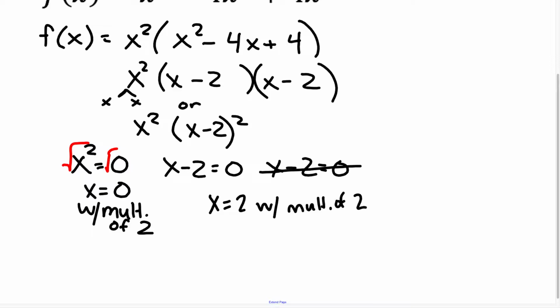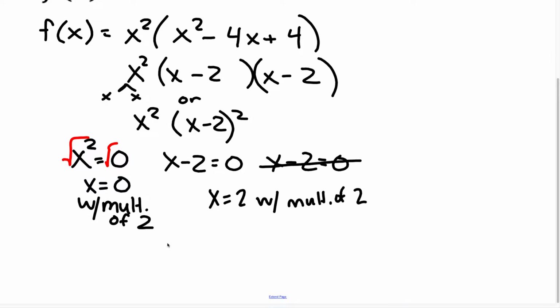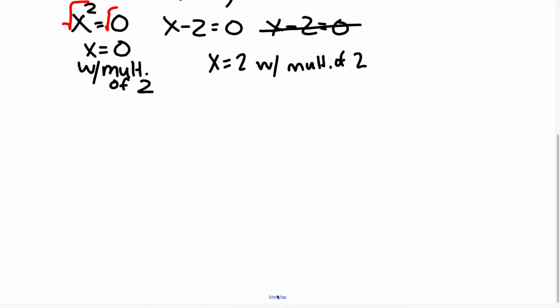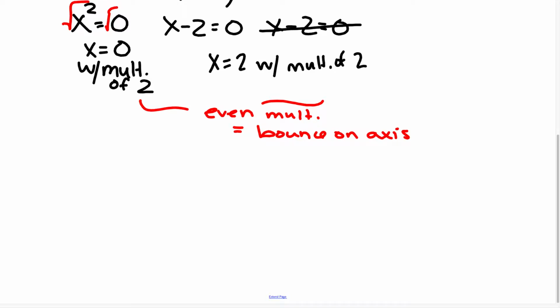Okay, so both of my zeros have even multiplicity, right? What happens at even multiplicity? It bounces. Okay, so we'll have to remember that when we make our graph.